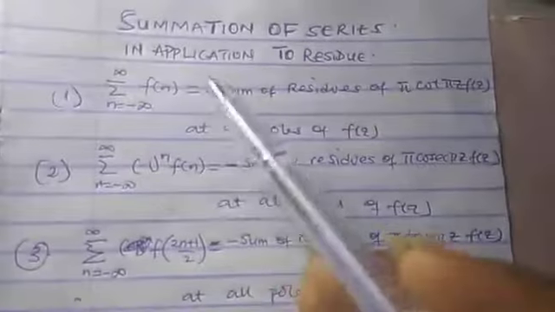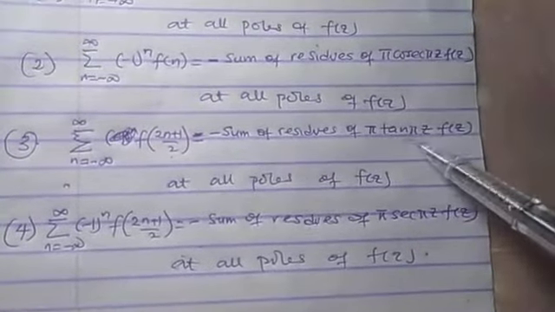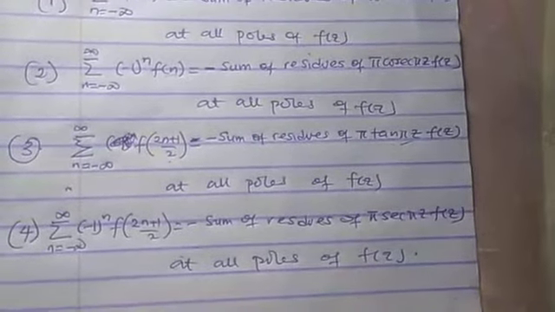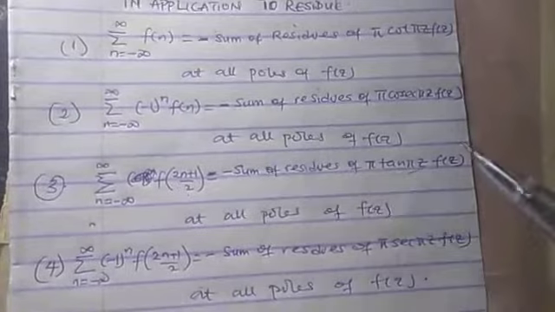These are the most important ones out of it. If we have this type of function, we use this as the summation of the series. The proof of this summation of this series is beyond the scope of this video.